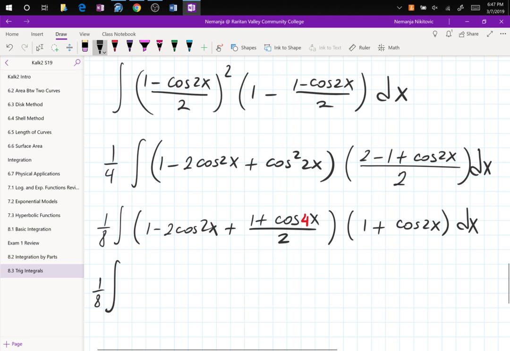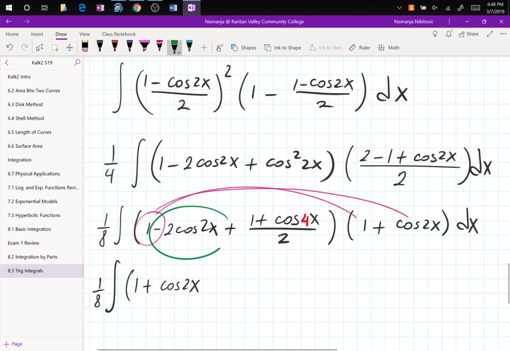1 times this mess is 1 plus cosine 2x. That was me multiplying 1 into both. We are doing basic algebra. The next step is to multiply this into both. And then finally that fraction into both.